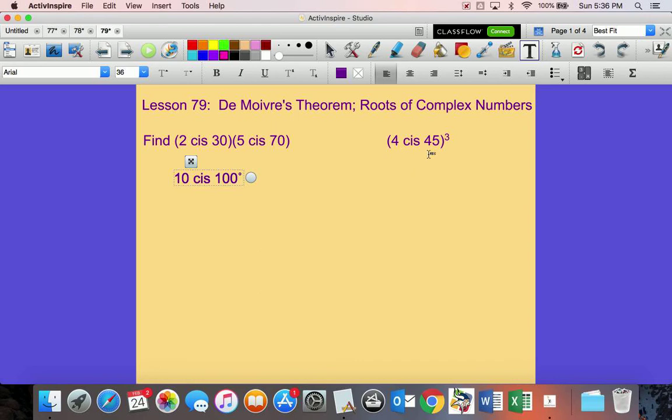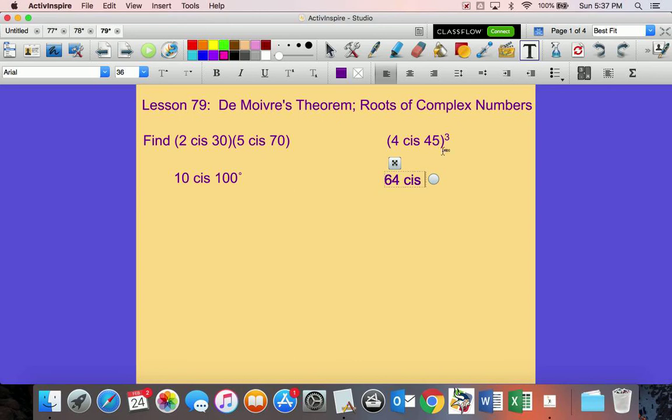If we've got 4 CIS of 45 degrees raised to the third power, well, that's kind of like saying 4 CIS of 45 times 4 CIS of 45 times 4 CIS of 45. What we do to find the number out in front is take 4 cubed, which is 64. CIS of, and then to find the degrees, what we did over here is we added these two together to get this 100.